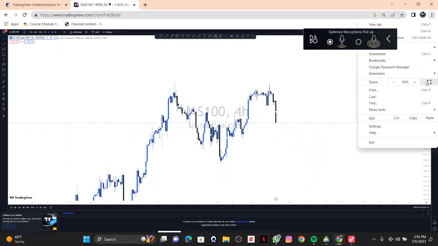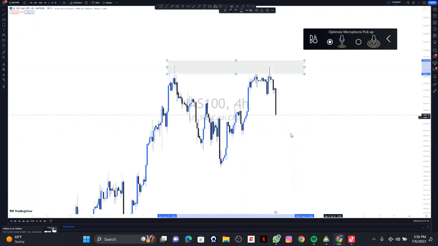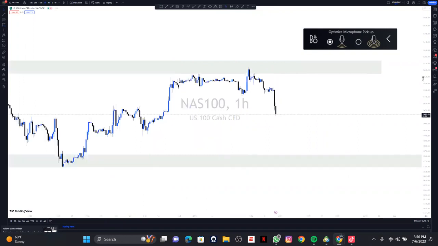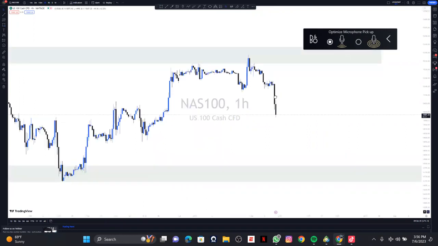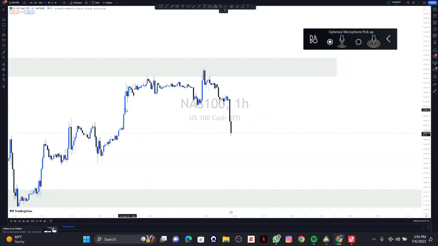As you can see, if you have your higher high, then come back again, have your low, and then we can go to the 1 hour. On the 1 hour, we can see that there was a break of structure on this level.